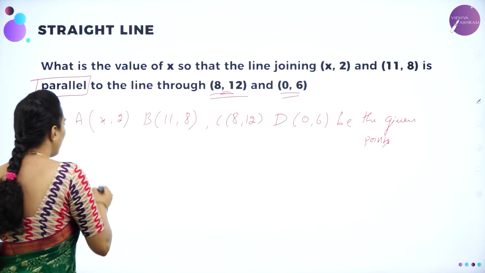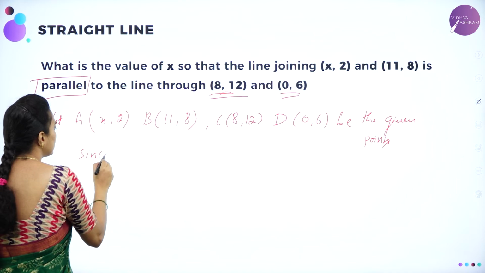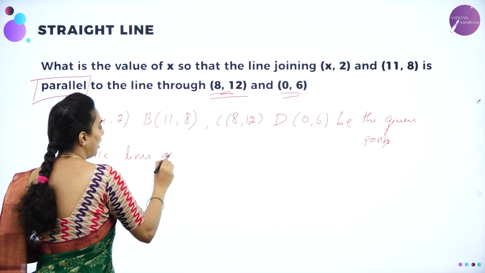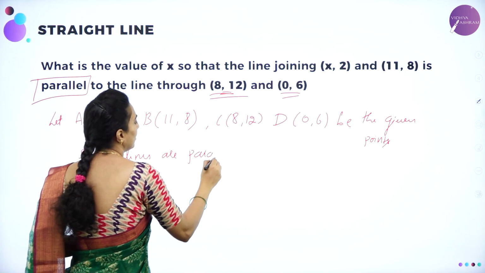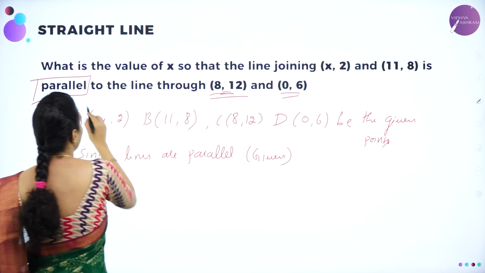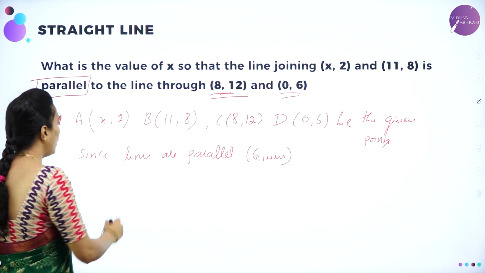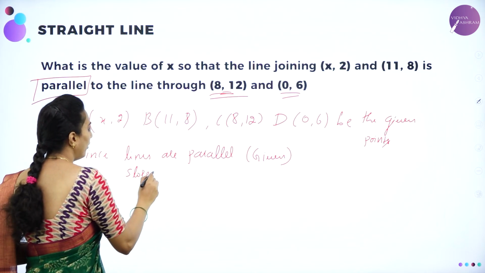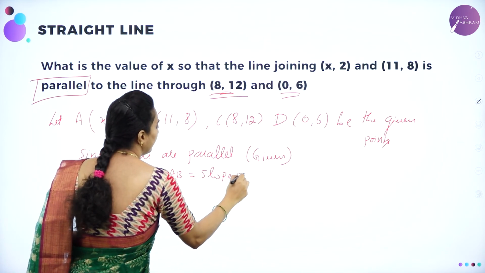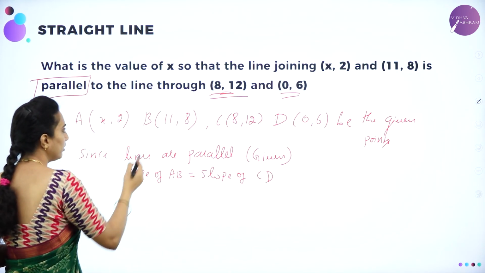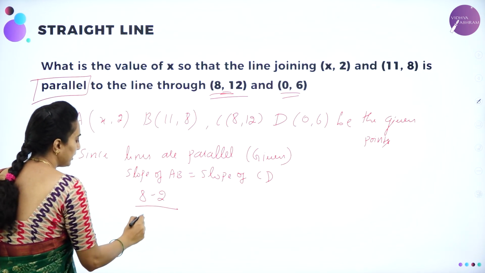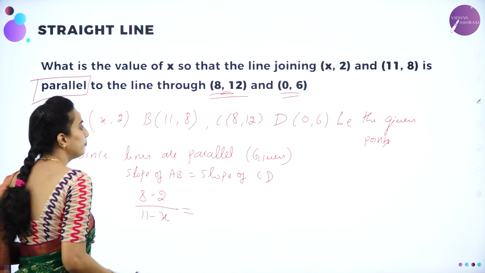So therefore, we know that since the lines are parallel, this is a given condition. Here they have given, so slope of AB equal to slope of CD.